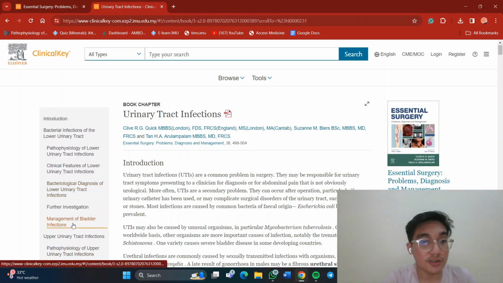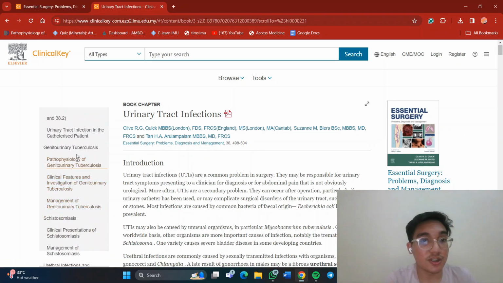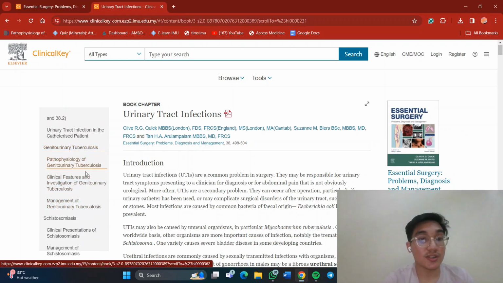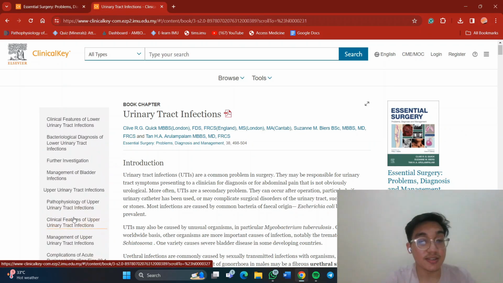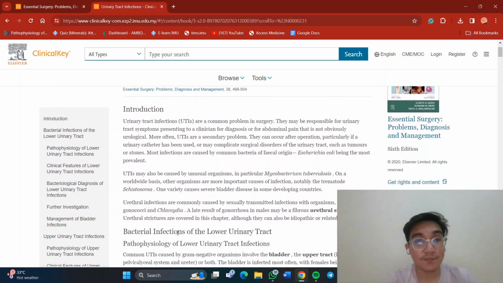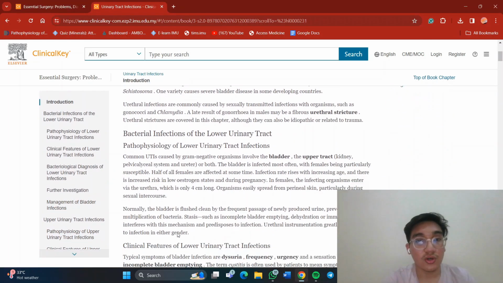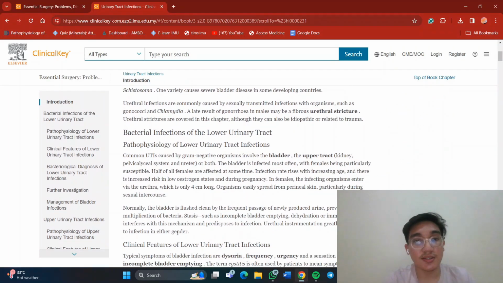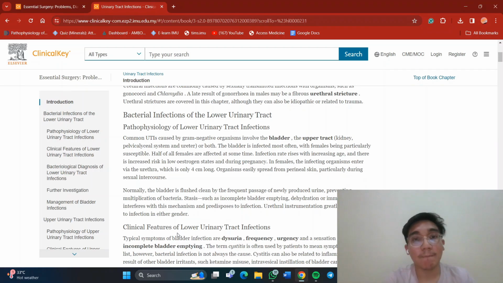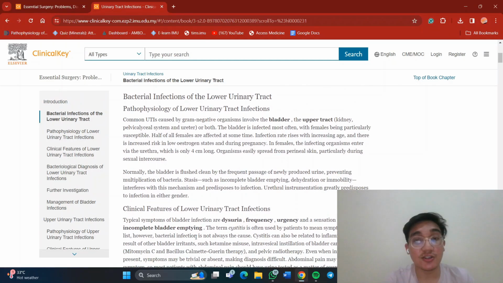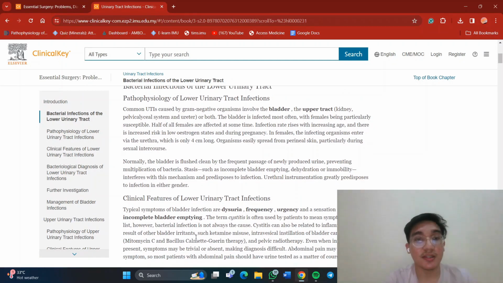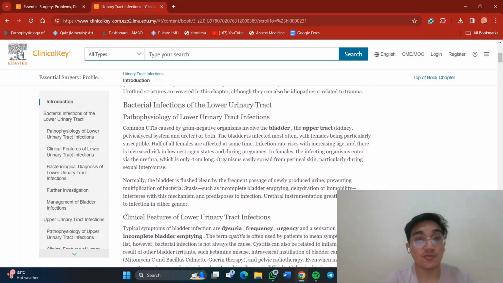For this title, urinary tract infections, we have a lot of information, from the upper urinary tract infections to genitourinary tuberculosis and some other diseases mentioned here. What I like about this book is that it is really systematic and very easy to comprehend, since it is subdivided into each category.